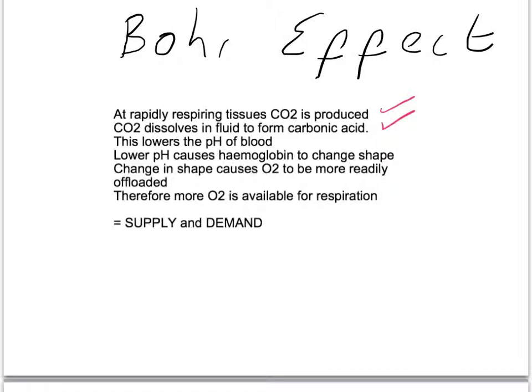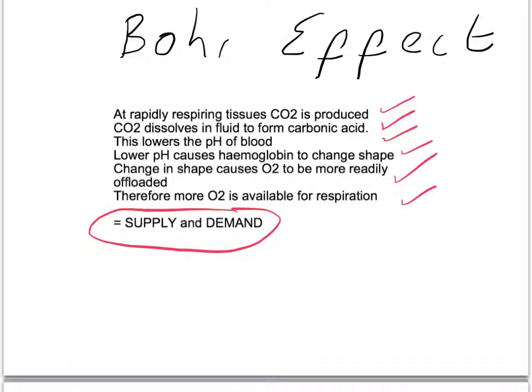This carbonic acid then lowers the pH of the blood. The lowering of the pH of the blood causes the hemoglobin molecules to change shape, and the change in the shape causes the oxygen to be more readily offloaded, to be more readily released. Therefore, more oxygen is available for respiration. So that's the body's way of meeting supply and demand.